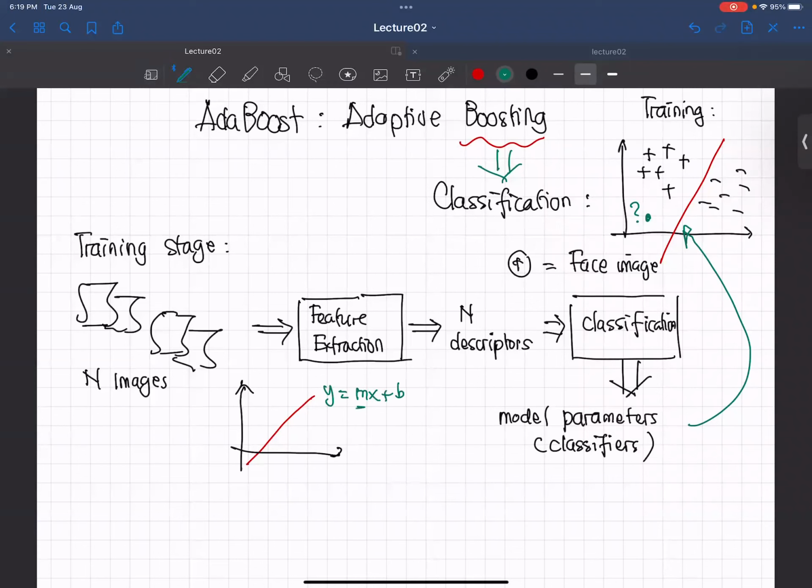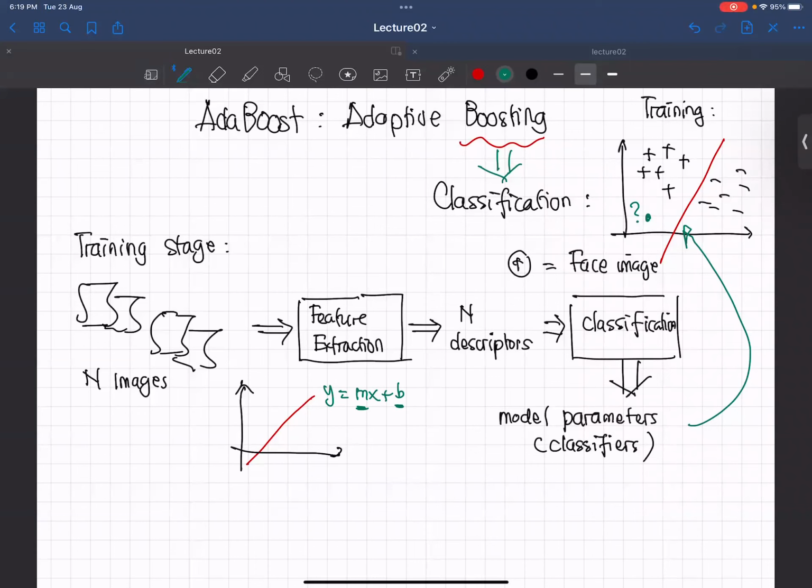So in this case, m and b are the parameters that we want to find. That's called model parameters. If we have the model parameters, then we can draw this line.